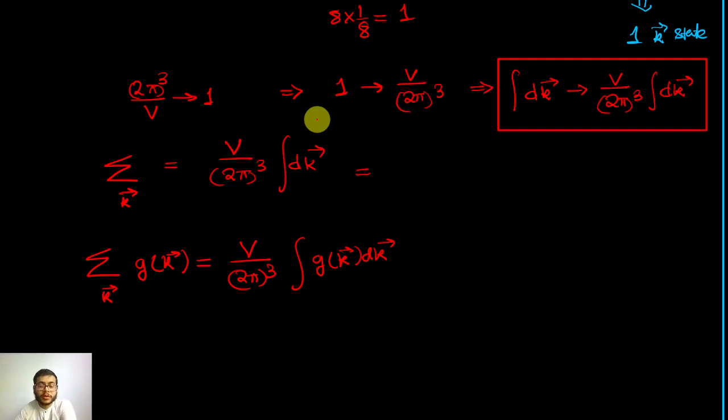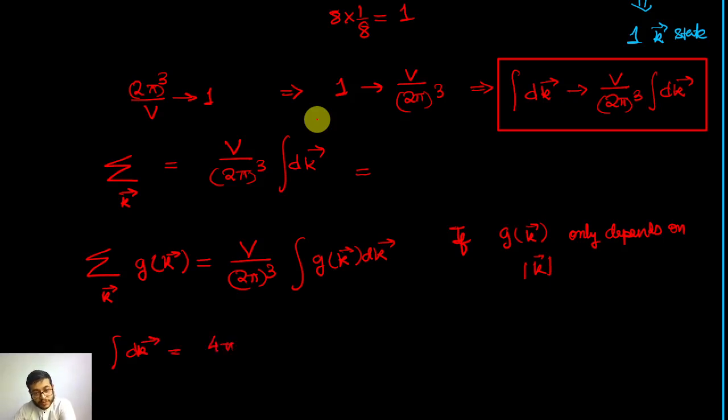So for example, there is an assumption here: if gk only depends on mod k, then what we can do is say that dk is actually given as 4 pi k square dk, where the integral is not over the k vector but the magnitude.